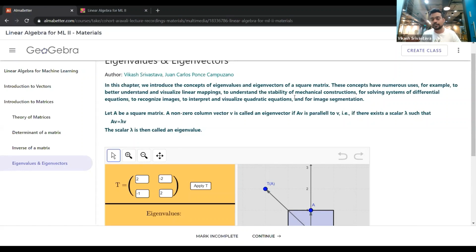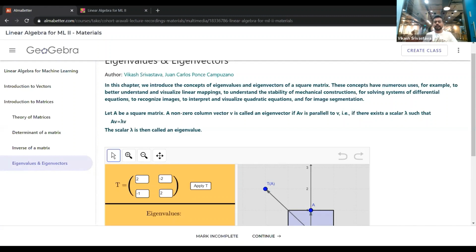In fact, truncated SVD is one of the ways in which we can do collaborative filtering, and there we'll use the concept of eigenvalues and eigenvectors. So this is a pretty important concept, and a lot of different algorithms use it.